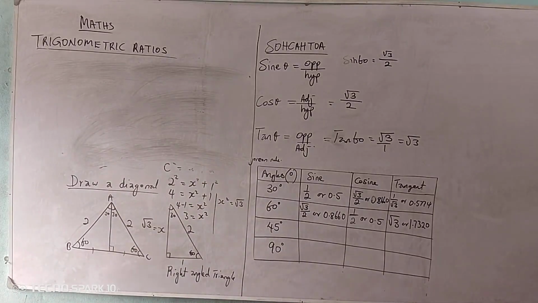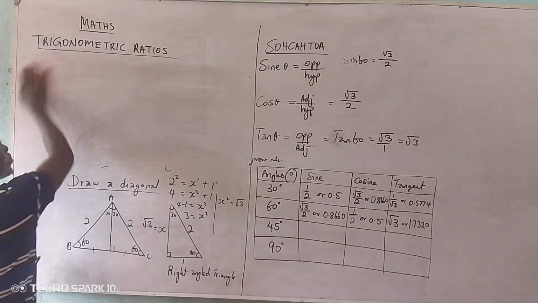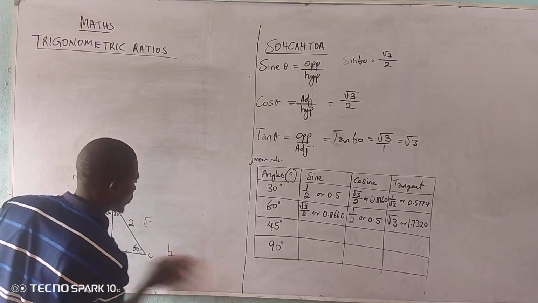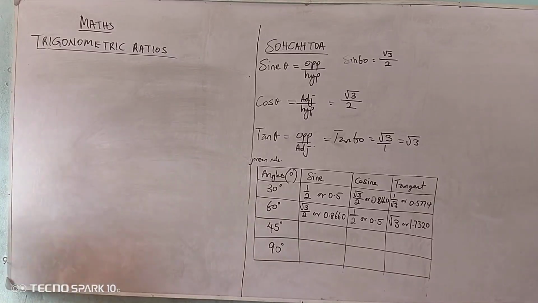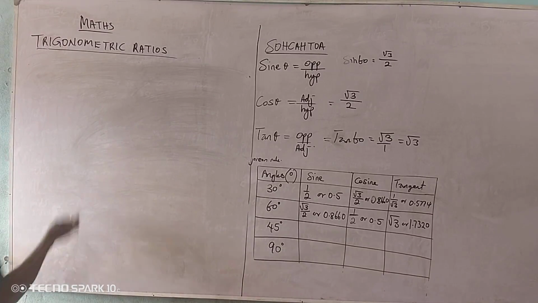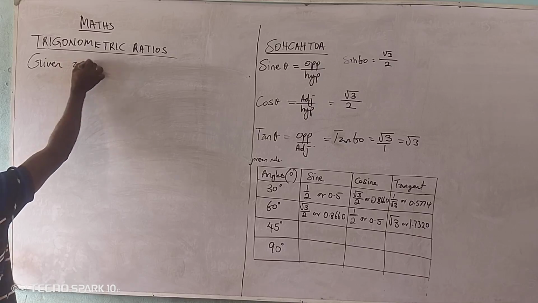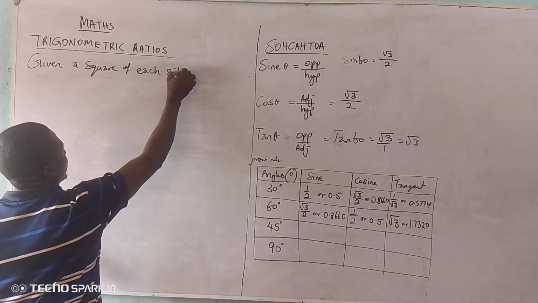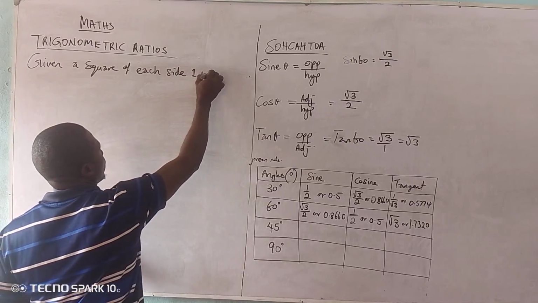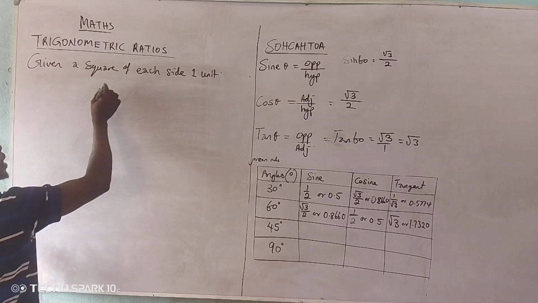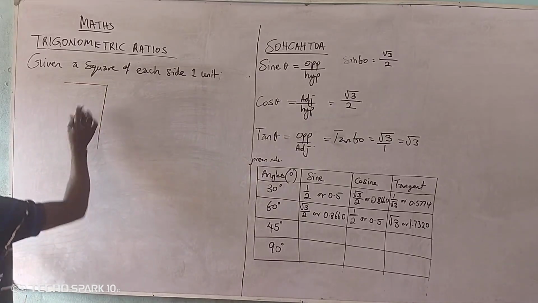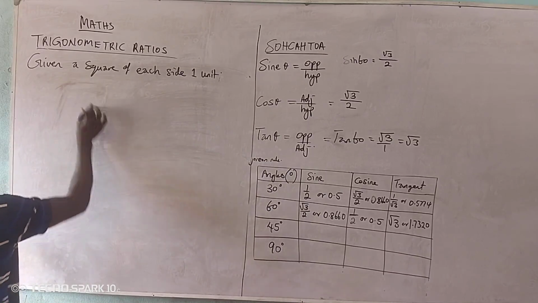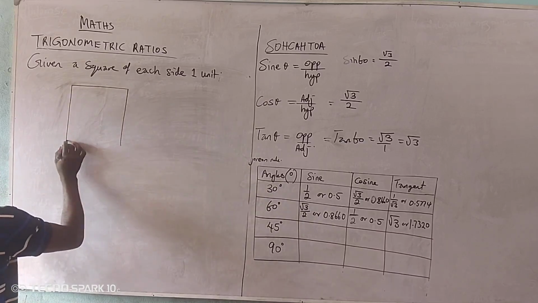Given a square of size 1 unit, this is a square.